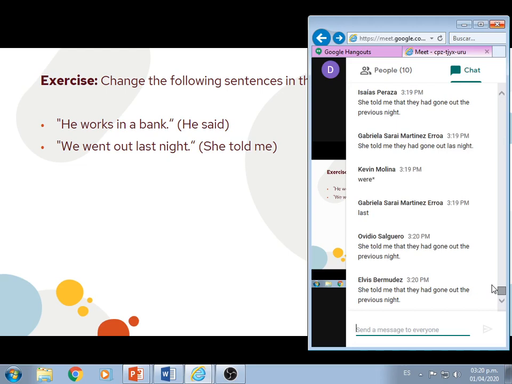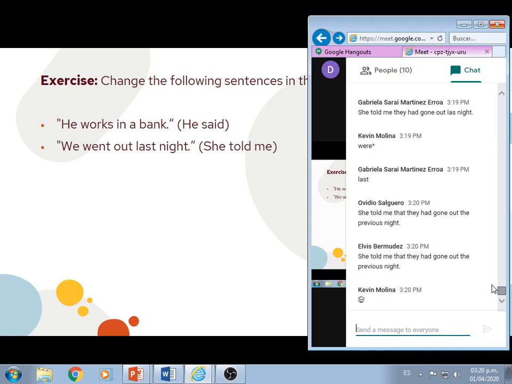Maybe we can change that last night for the previous night. Alright. She told me that they had gone out the previous night. Perfect. Elvin, she told me that they had gone out the previous night. Perfect. Remember that here we had to change last night by using reported speech, the previous night or the night before. Both might be possible answers.